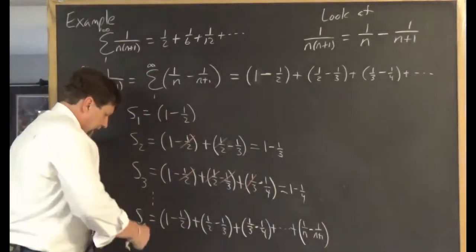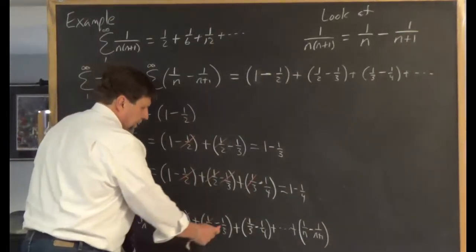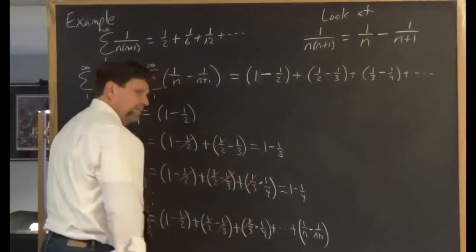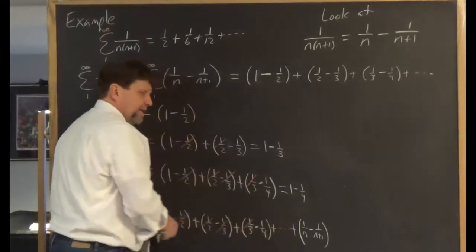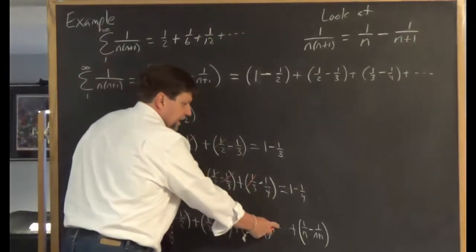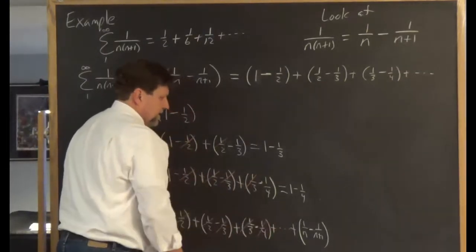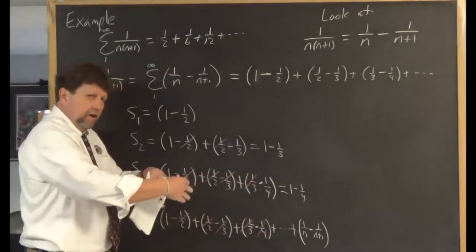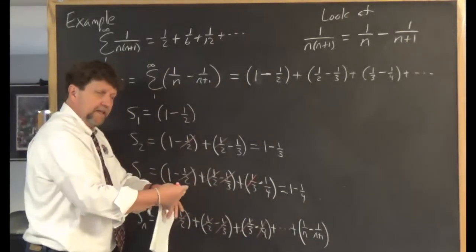So here's what I'm looking at. We know those cancel. We know those cancel. In my yada yada yada, would there be something that would cancel out the minus 1/4? Yeah, it would be the first number in the next group. So that would cancel out. And I think you're seeing all these terms in the yada yada yada are going to be canceling out.